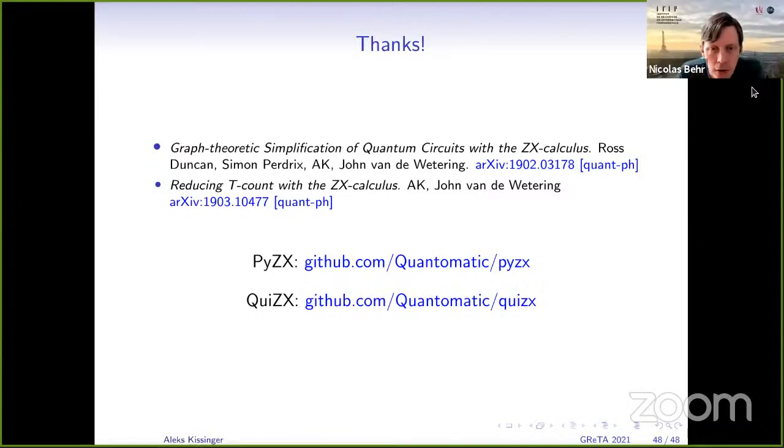Maybe if you could send us some references on these G-flow things, and if there's any work at all on these sort of ensembles of rewrite steps, that could be a nice direction. The place to start probably with the G-flow is just this graph theoretic simplification paper.